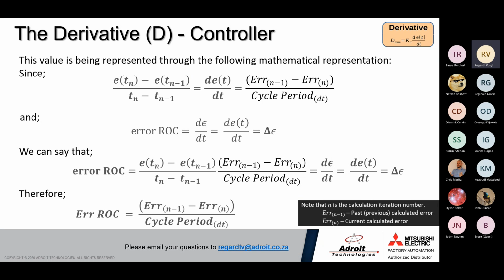Your derivative controller will see that as an actual error in the field. It will react very aggressively to all this magnetic induction, interference or noise that you get in the cable. It won't distinguish between what's actually happening in the plant and interference on the cable.